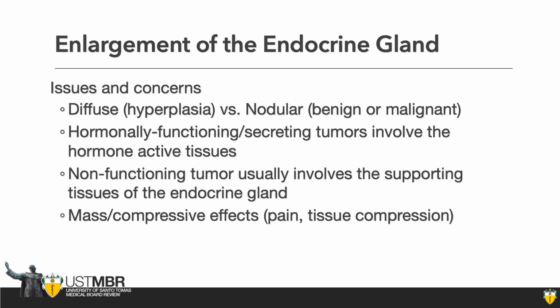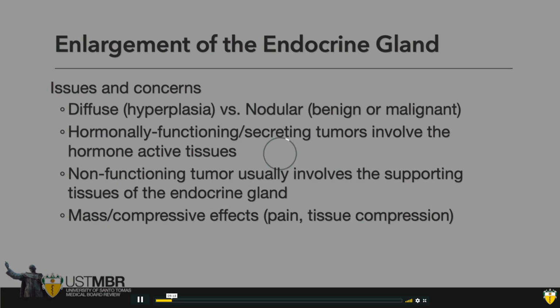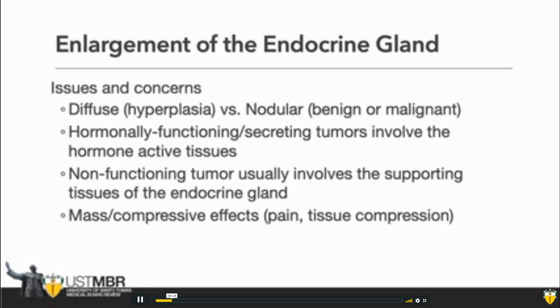Endocrine gland, like we said, can be diffuse versus nodular. Anytime we detect an endocrine gland to have some kind of a nodule, then the concern is whether it's hormonally functioning or not.